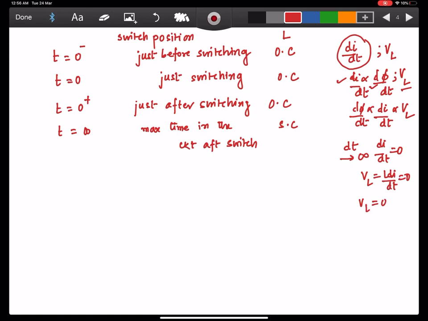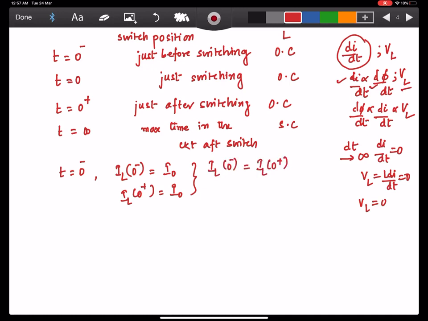Let us suppose we have an initial condition at t is equal to 0 minus. IL0 minus will have initial current I0. So IL0 plus will also have initial current I0, from which relation IL0 minus is equal to IL0 plus.